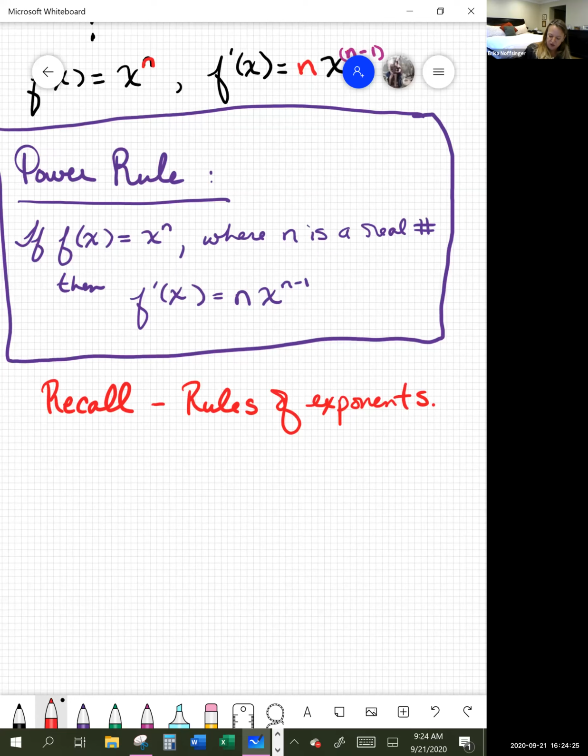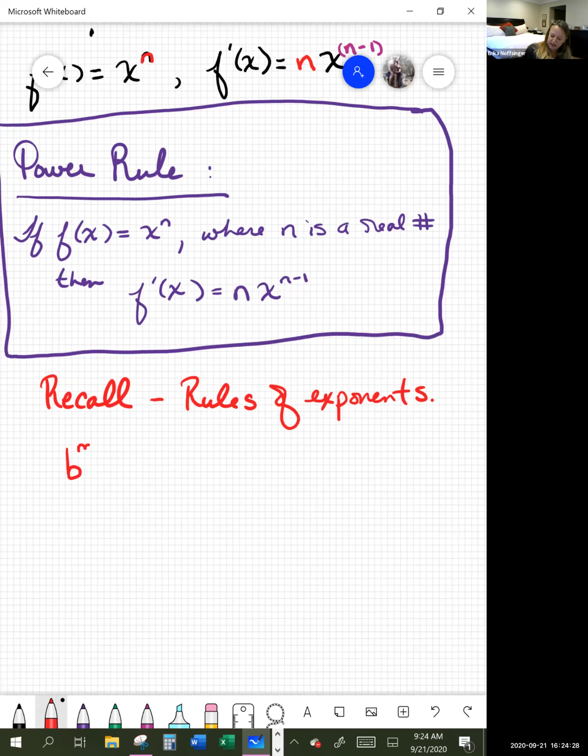Okay, so remember, if you have the same base, so b to the m times b to the nth power, what we did is we added our exponents. So this would be b to the m plus n power. So example, x squared times x cubed. This is x to the 2 plus 3 power, or x to the 5th.